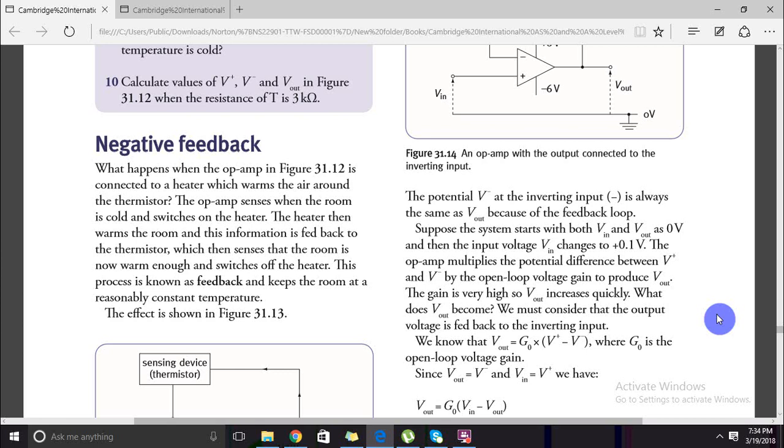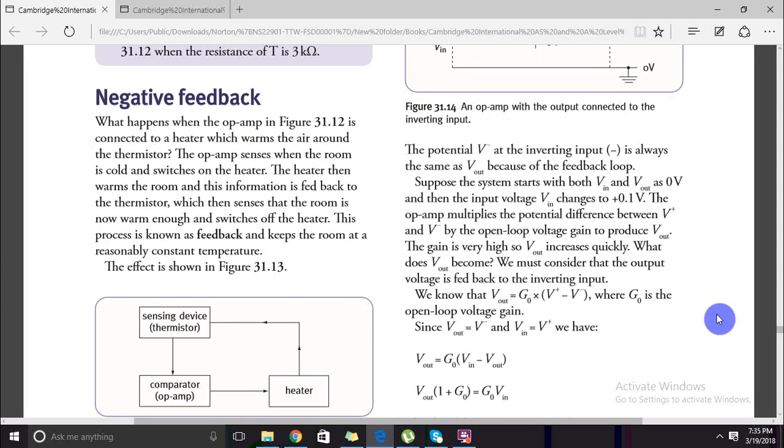So what does V out become? You must remember that the output voltage is being fed back to the inverting input. And we know that V out is equal to G naught into V plus minus V minus, where G naught is the open loop voltage gain. We know that.